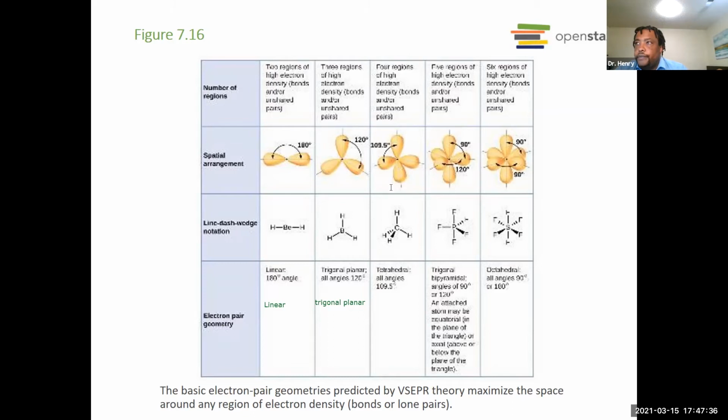So here we have four attachments, or four things attached to that center atom. In this case, this guy is going to be tetrahedral.